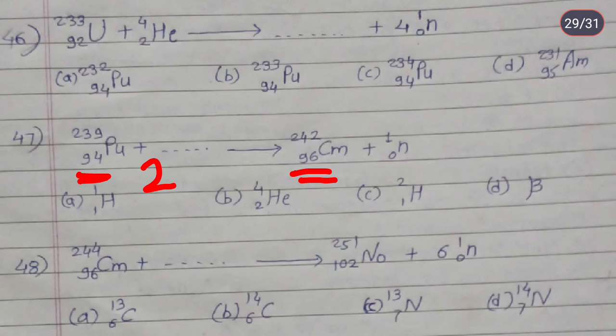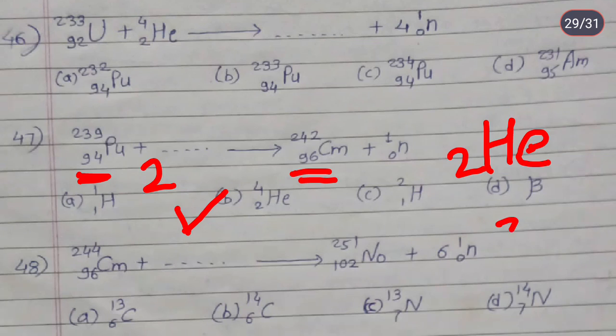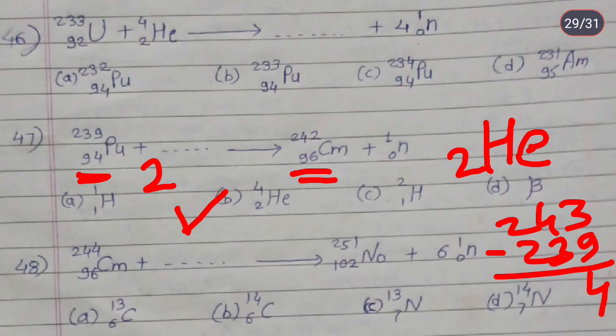So from that we confirm option B. Atomic number 2 is which element? Helium. We also check the mass number: 242 plus 1 is 243, minus 239 gives 4, option B.